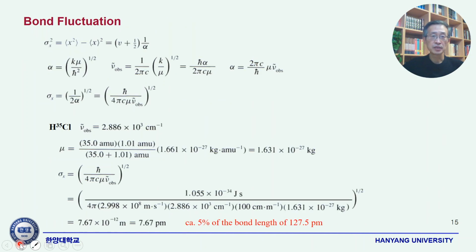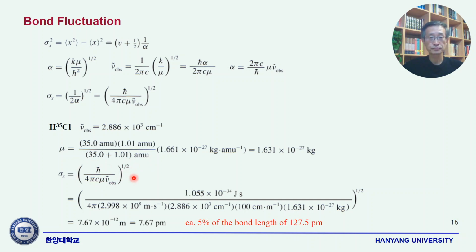There is another application. If there is a given bond distance, we want to know how much it fluctuates, how far it can extend or compress. That can be done because once the fundamental frequency is known, you can compute the standard deviation sigma x, which we figured out previously: h bar over 4 pi c times the reduced mass times the fundamental frequency, all square rooted.